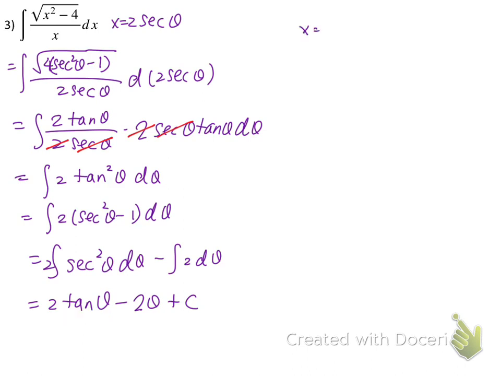My x equals 2 secant theta, which means secant theta equals x over 2, or flip it, cosine theta equals 2 over x. So first of all, theta equals inverse cosine of 2 over x. You get your x, you get your theta. Now you need tan theta.